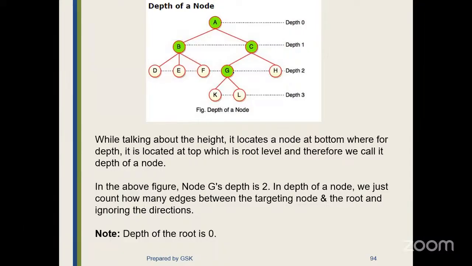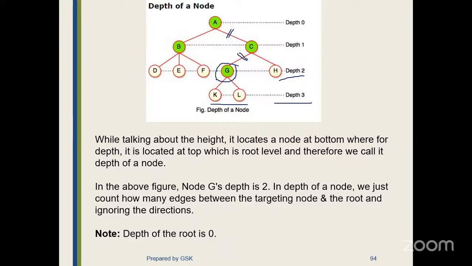Next, for example, what is the depth of G? How many edges do we have from this node to the root node? 1, 2. Two edges. Two connection lines. That's why the depth of G is 2. Then the depth of K and L is 3.